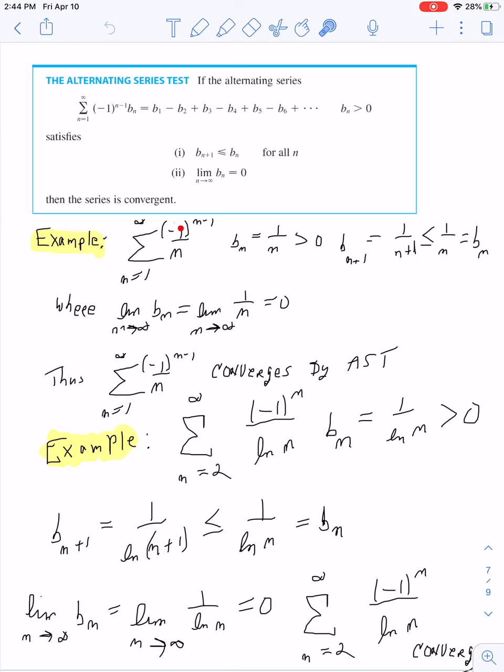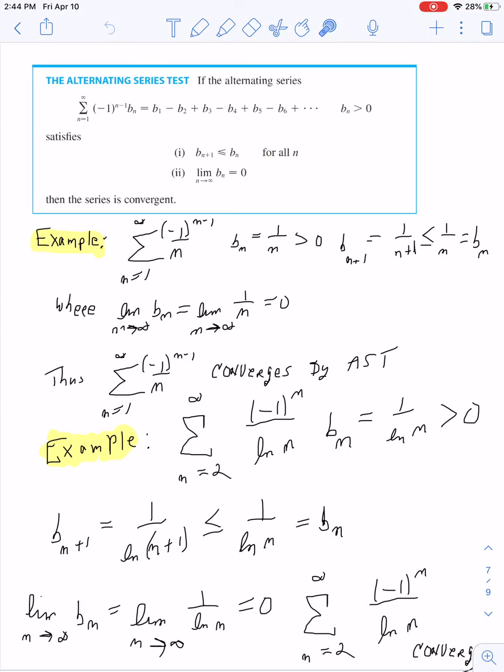Okay, so let's look at a particular example. Here's one example. Summation, n running from 1 to infinity, (-1) to the n-1 over n. Okay, that's an alternating series. What's Bn? Bn is 1 over n, so that's strictly greater than 0 as required.